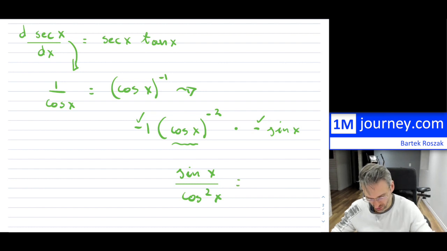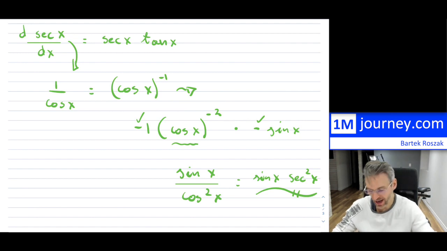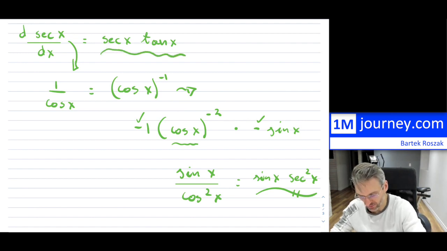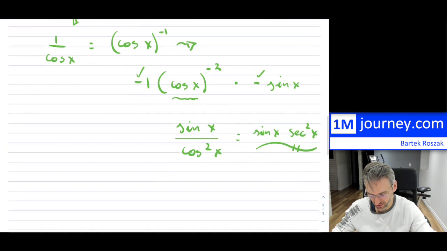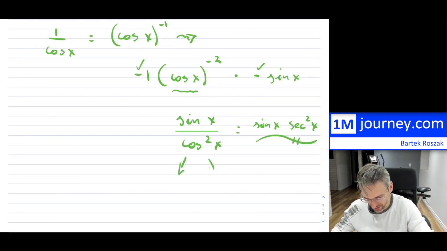So this is equal, again, either to sine x, and then 1 over cos squared is nothing else but secant squared x. So that's one way of writing the derivative. Now, if you want it in this particular form, well, that's not a problem. This can simply be divided into, so notice what you have is 1 over cos x, right, multiplied by sine x all over cos x.